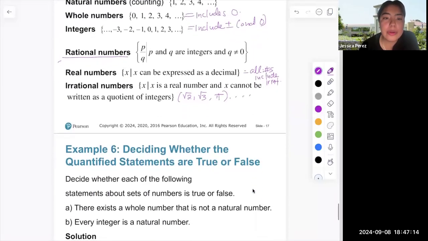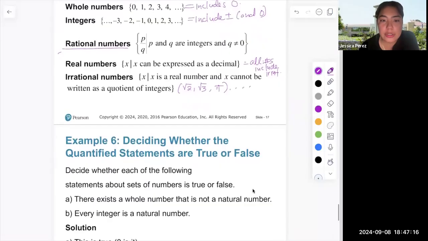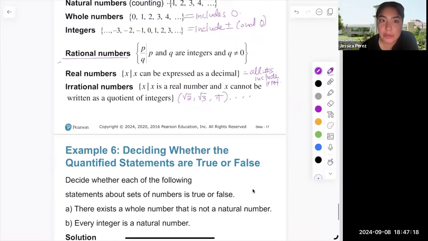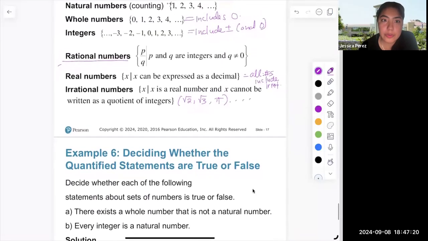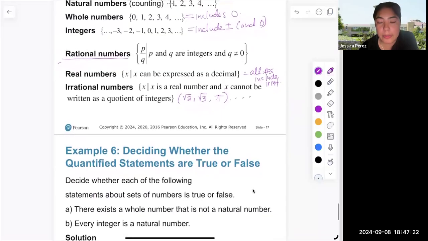Now, deciding whether the quantified statements are true or false. For example, there exists a whole number that is not a natural number. If we look at the whole numbers, there exists a whole number that is not a natural number? Well, yes, 0.